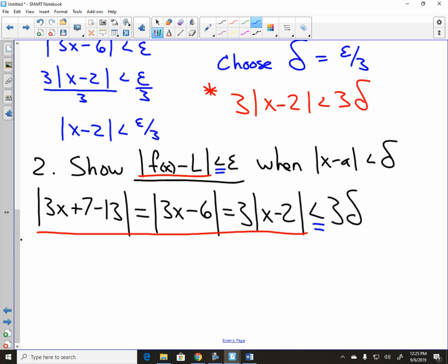What is the last part I need in order to make this statement? What's missing? Epsilon. I'm going to get the epsilon right now. What did we choose delta to be? Epsilon over 3. So see, I took delta, and in its place, I put epsilon over 3. What is 3 times epsilon over 3? Epsilon. Done.